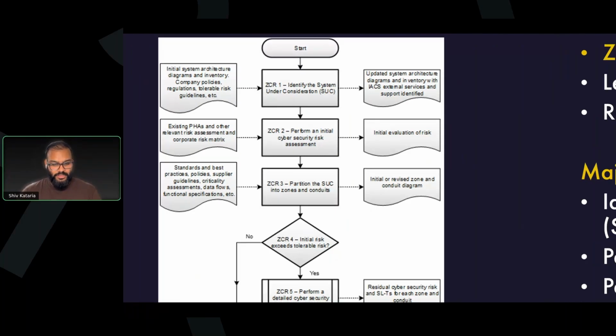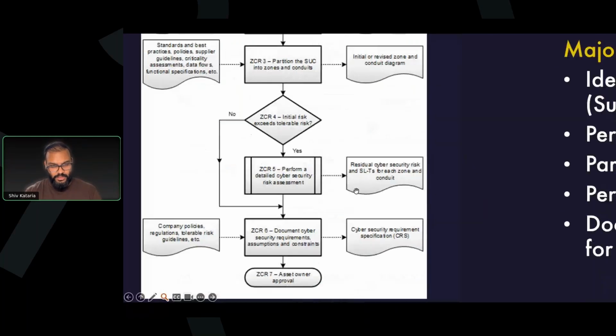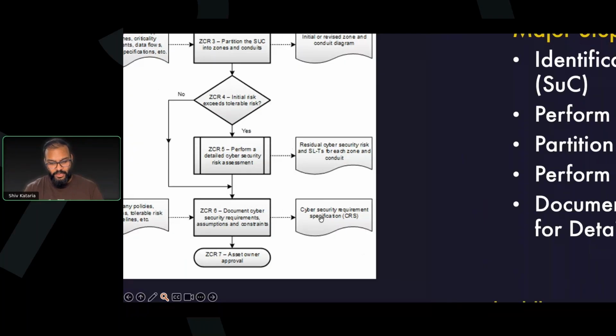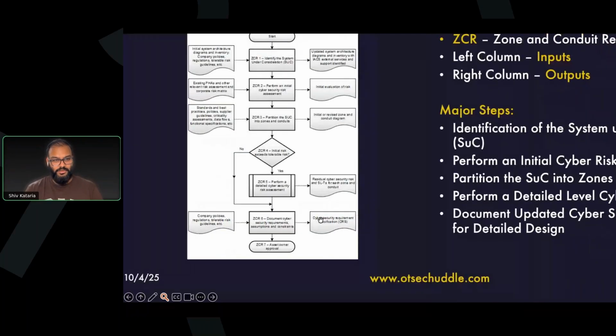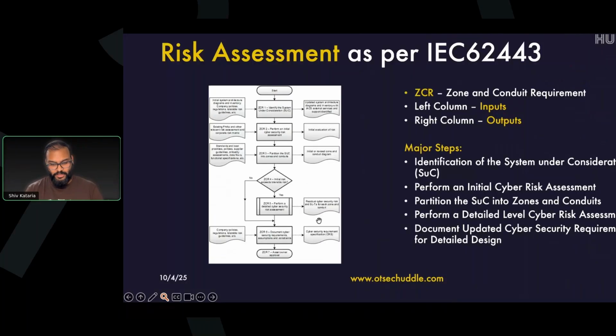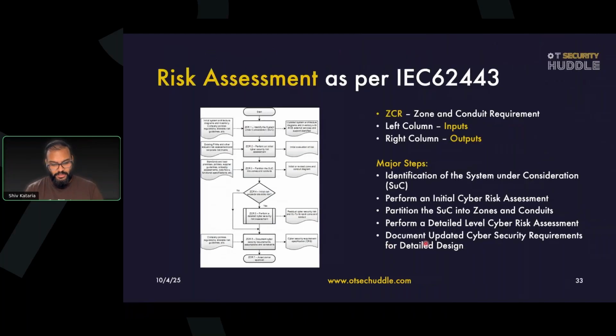If the risk identified here is more than your tolerable risk, then you get into a detailed risk assessment procedure to identify your zone levels and security level target. The findings are then documented, and a specific list of implementation needs to be created. This list is basically the security countermeasures that you are going to implement for each of these areas in the plant.